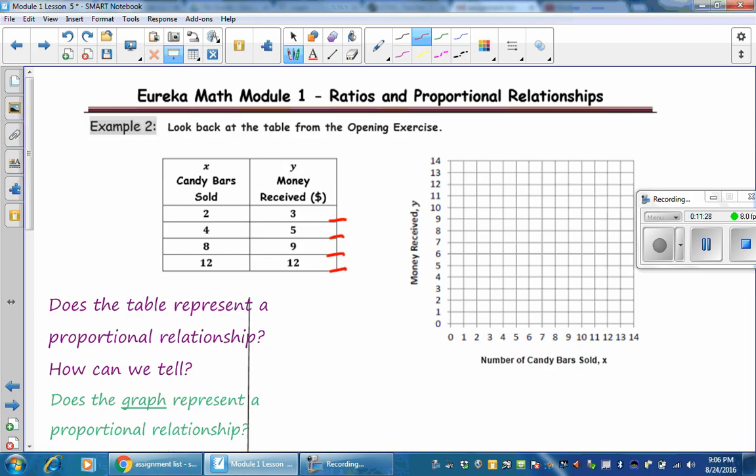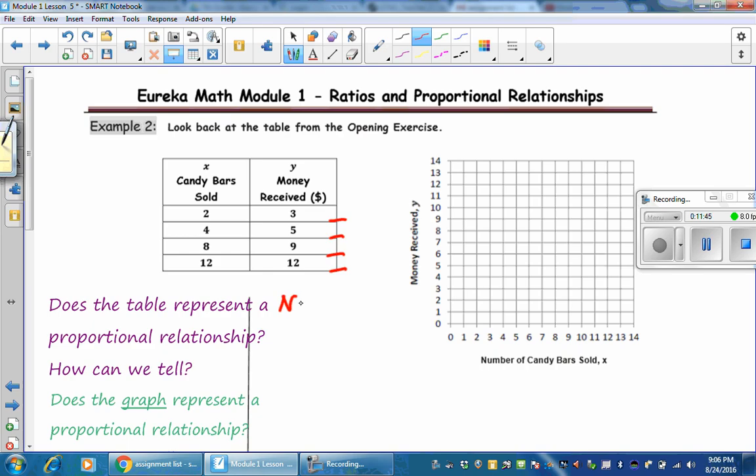So now what we want to do is graph that data and see if it's not proportional, what might it look like? Then we can answer the question, does the graph represent a proportional relationship? So let's go ahead and answer the first question, does the table represent a proportional relationship?